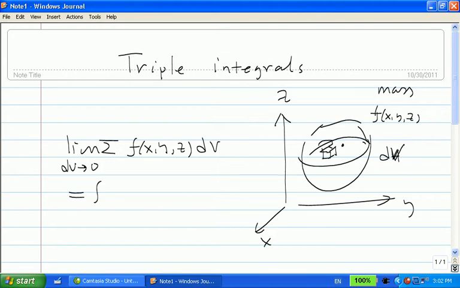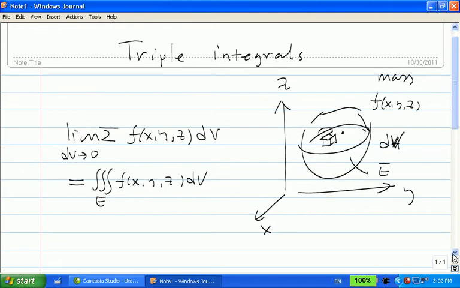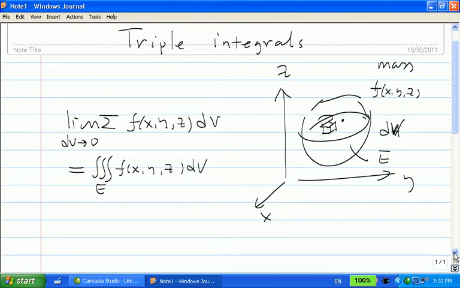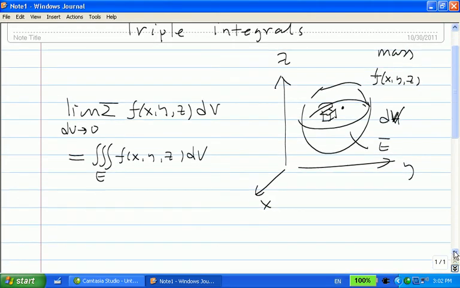That is the definition of the triple integral. We call this solid region E, and the integral is of f(x, y, z) dV. That's the definition of the triple integral. Finding the mass is one of its applications.